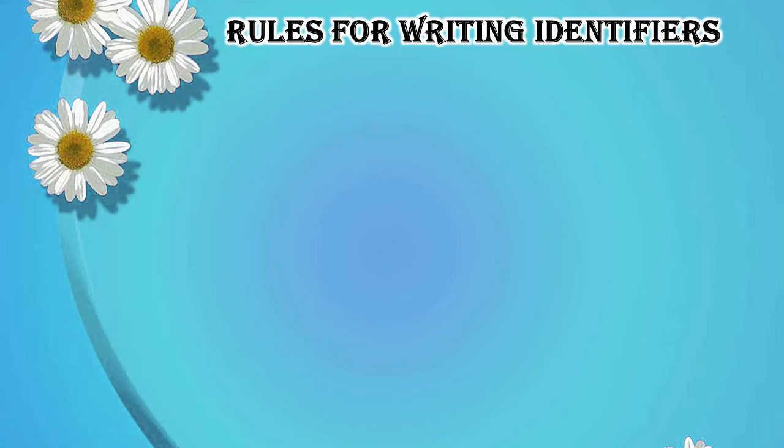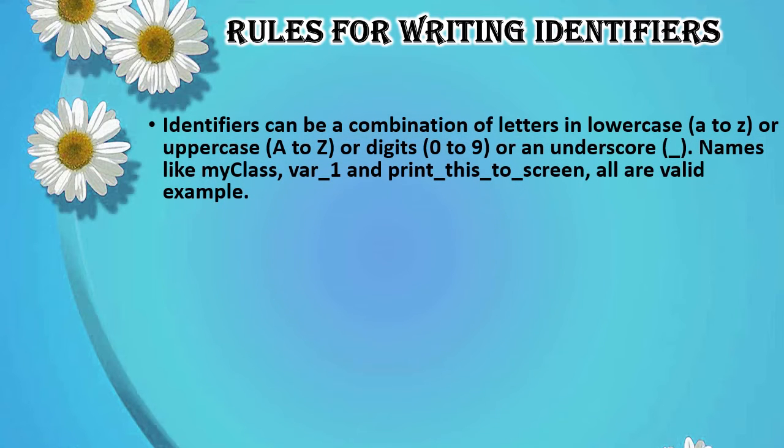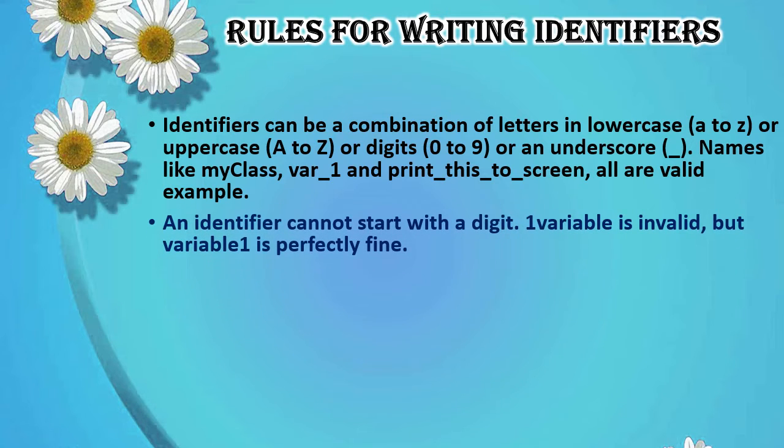Rules for writing identifiers in Python programming. In identifiers we can write a combination of lowercase, uppercase, digits, and underscore. The names must start with either an underscore or an alphabet, not a digit. For example, 1variable is invalid because it starts with the number 1.